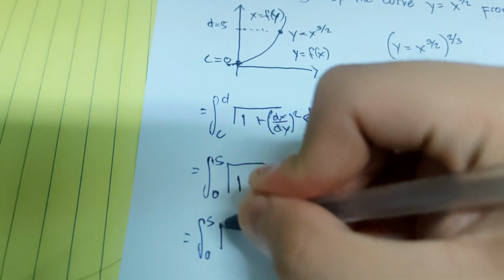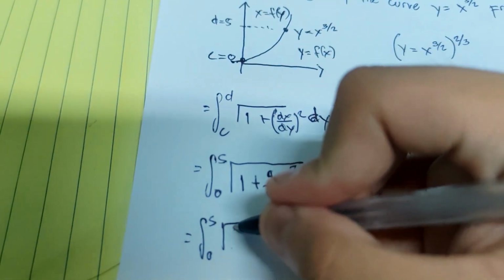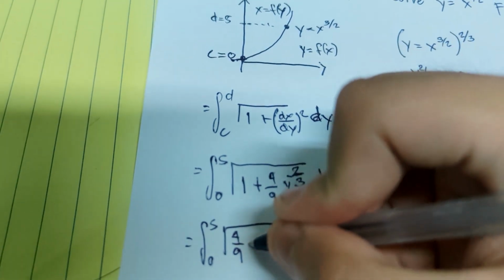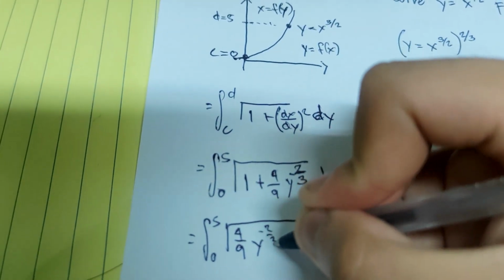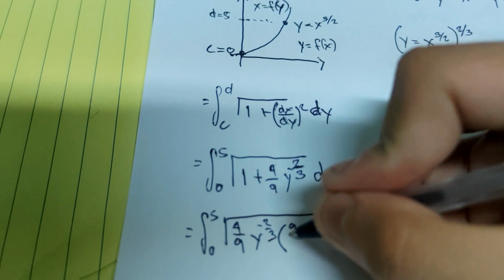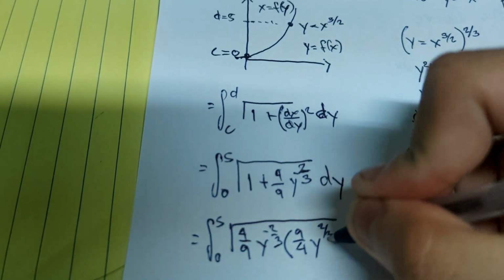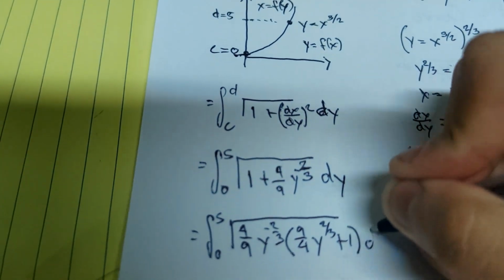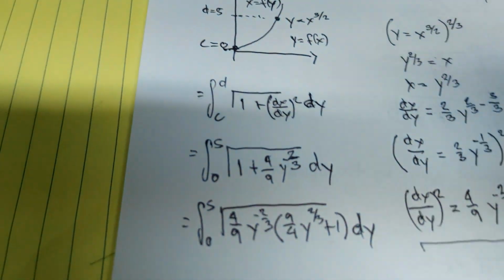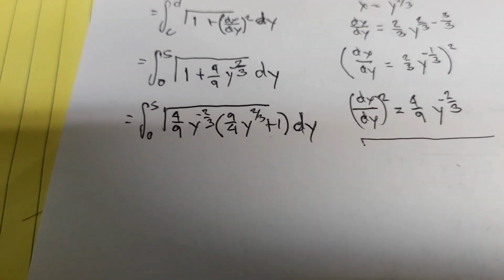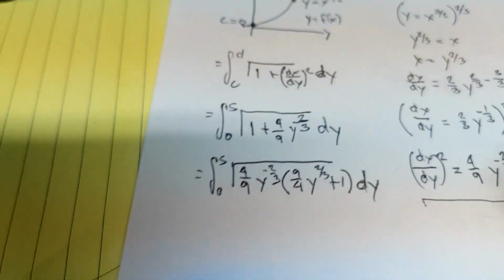Limits of 0 to 5, square root of 4/9 y raised to negative 2/3 plus 1, which we can rewrite as 9/4 y raised to 2/3 plus 1, with respect to y. So now, to get the square root of them, we can separate it.